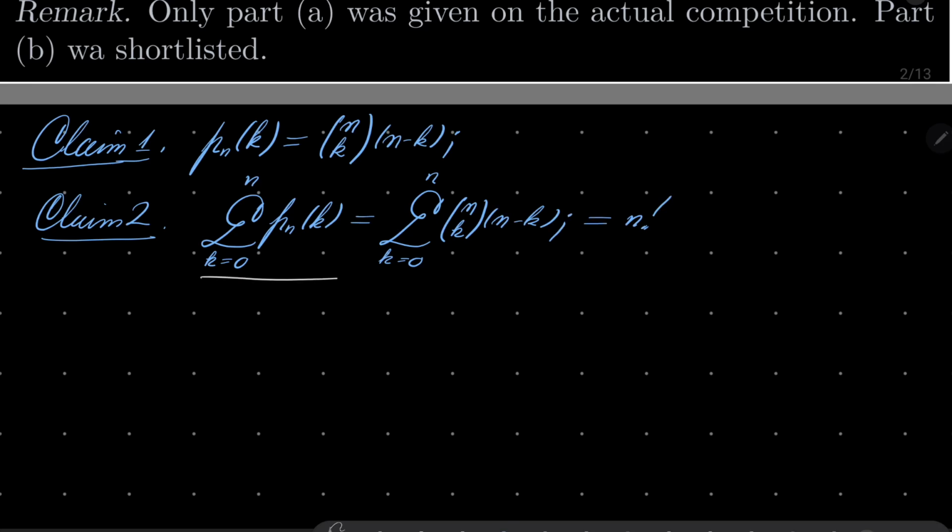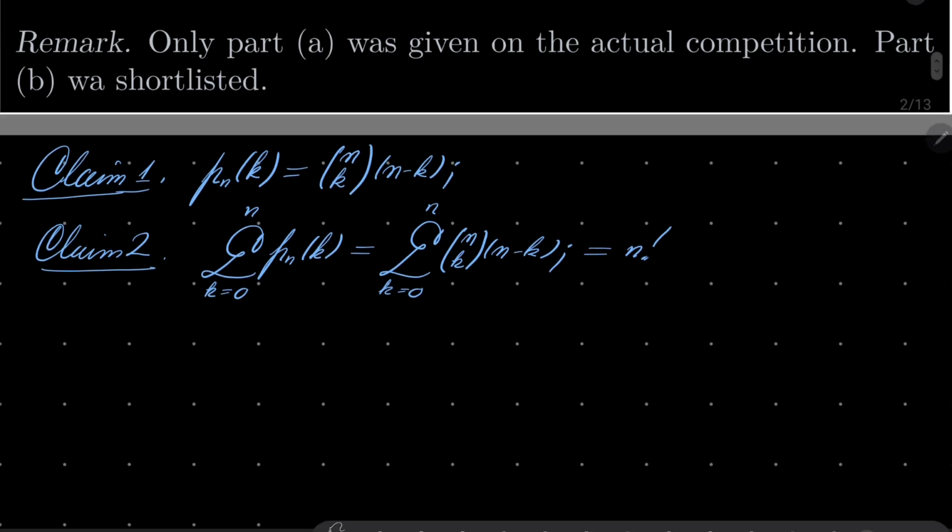On the left-hand side, we are counting every permutation, because every permutation has either 0 fixed points, or 1 fixed point, or 2 fixed points, and so on, up to n fixed points. So every permutation is counted exactly once. And then the total number of permutations is n factorial. So this also must be true. Yes, it's a nice combinatorial reasoning.